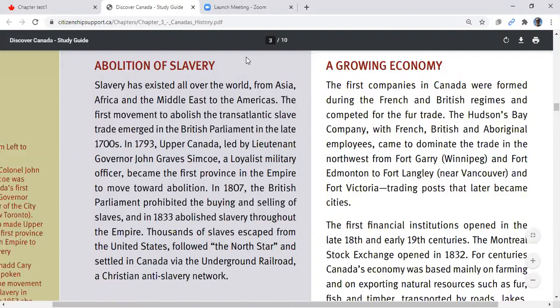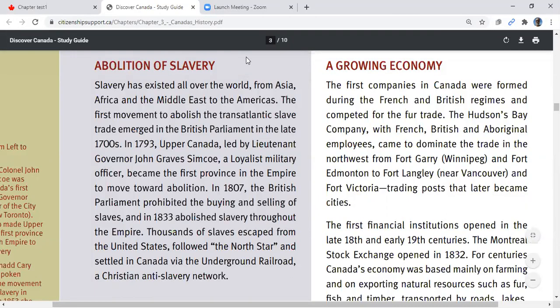But in all those countries, in all those places all over the world, the very first place to stop slavery was in Ontario. Yeah, so that was in Upper Canada.